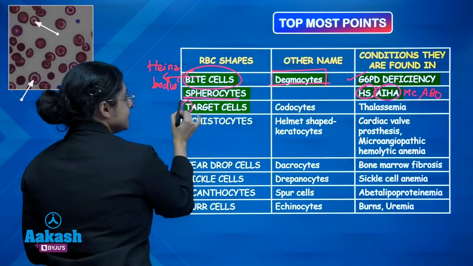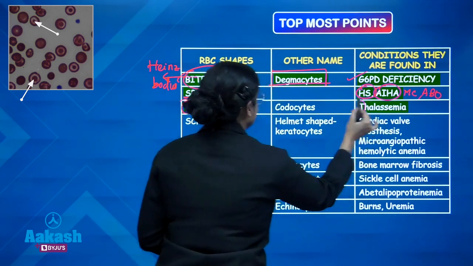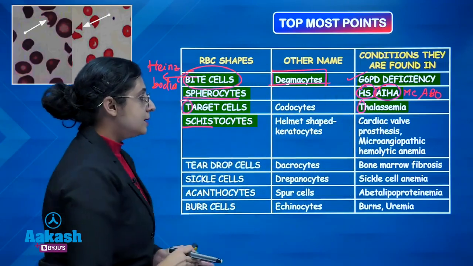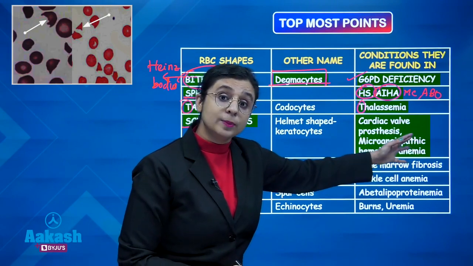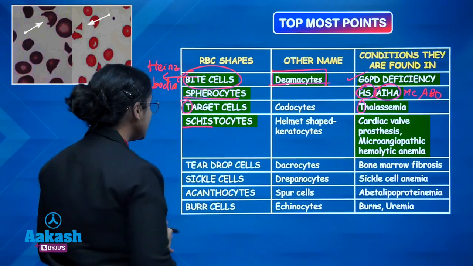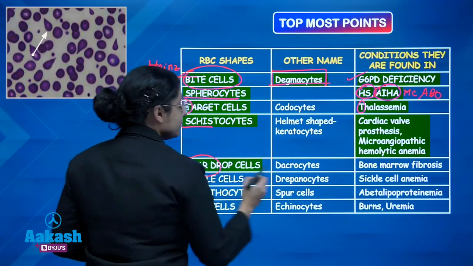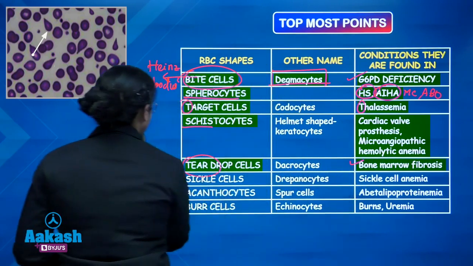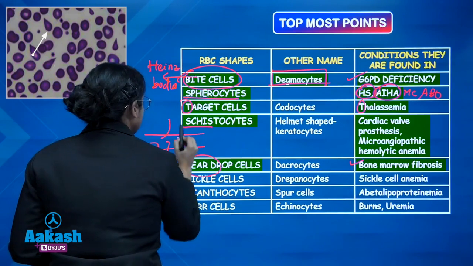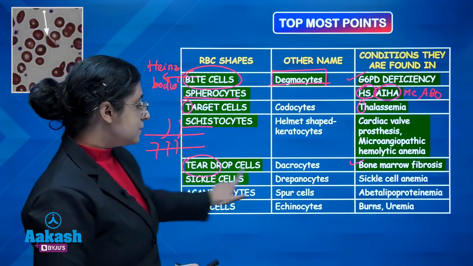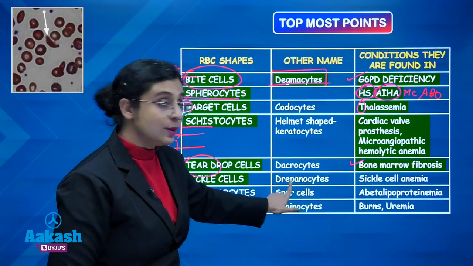Yes, T for target cells, T for thalassemia. Schistocytes or fragmented cells can be found in microangiopathic hemolytic anemia and macroangiopathic hemolytic anemia as well. Teardrop cells found in fibrosed marrow, because when they are trying to pass through the fibrosed marrow, they attain a teardrop shape. Sickle cells found in sickle cell anemia called drepanocytes.